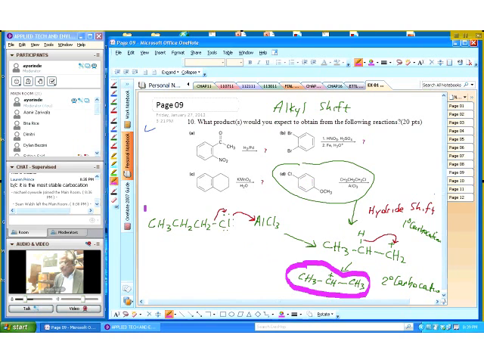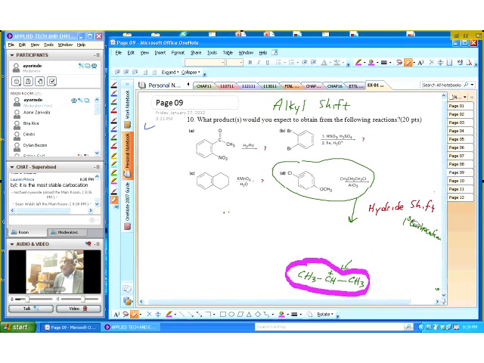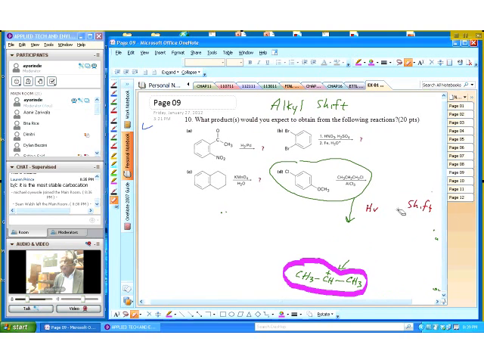So now let us draw this product. Let me take all of this out of here. We know how we form this now. It is now the secondary carbocation that will react as your electrophile to give you this product.